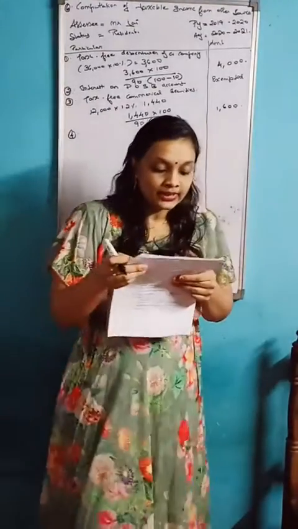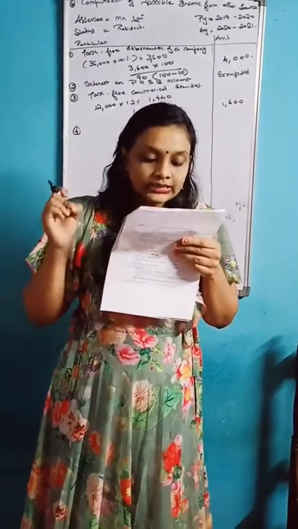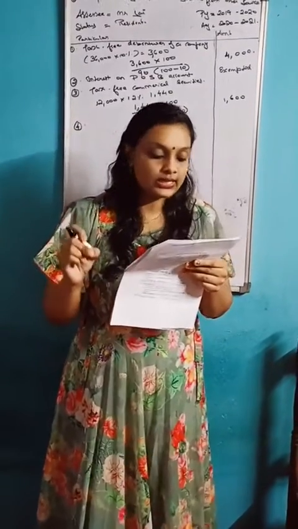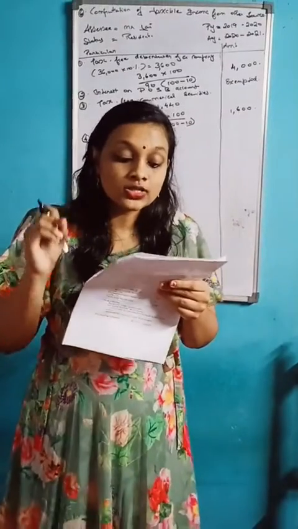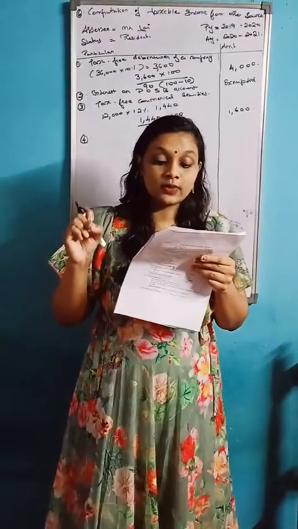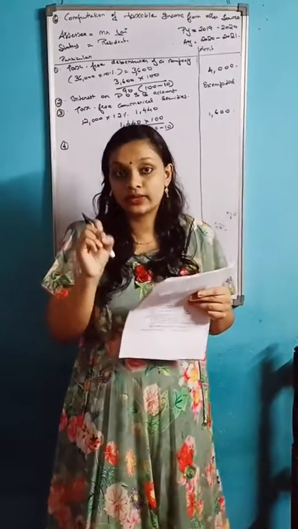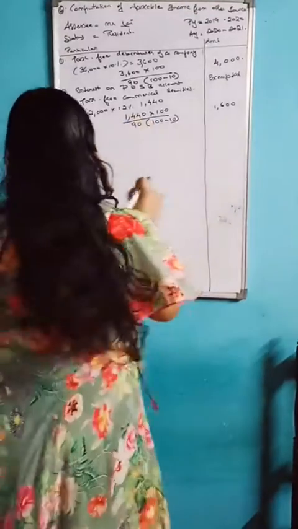Fourth point is dividend rupees 7,000 gross from a tea company. 60% of the income of the company is agricultural income. It's exempted because here 60% of income of the company is agricultural income. So it is exempted.